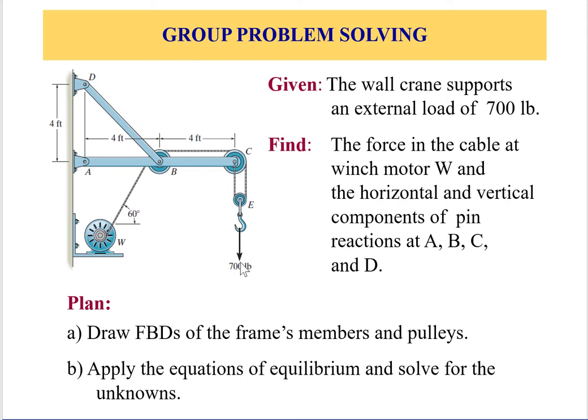It's coming from the hook, which is under a weight of 700 pounds. So the problem says, given that frame structure with the winch motor at W, we want to calculate the reaction forces at pin A, pin B, pin C, and also pin D.